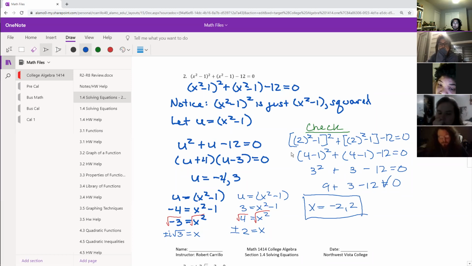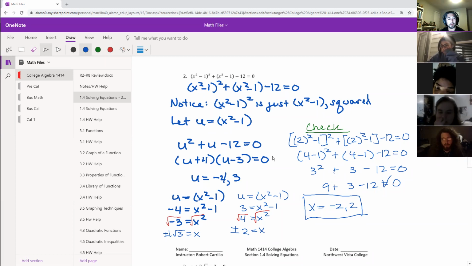So I would say this is an instance where u substitution is actually helpful. Almost necessary. You can factor binomials, it's just harder to look at. And a third way of solving it is by foiling everything out and combining like terms. But why would you do that when u substitution makes your life easy?